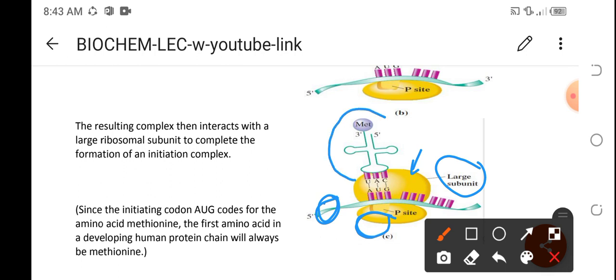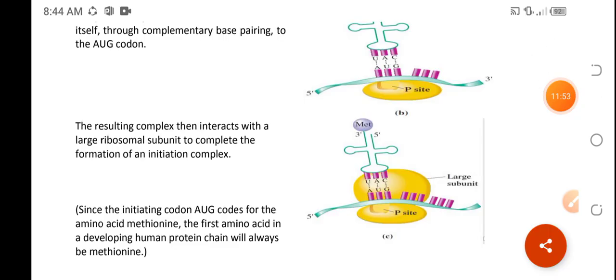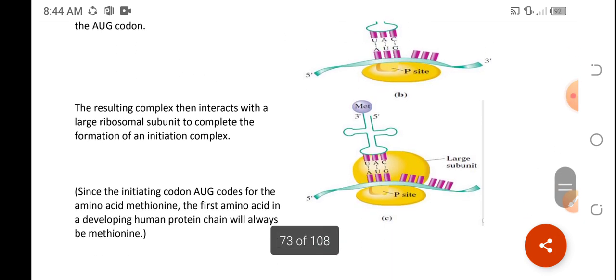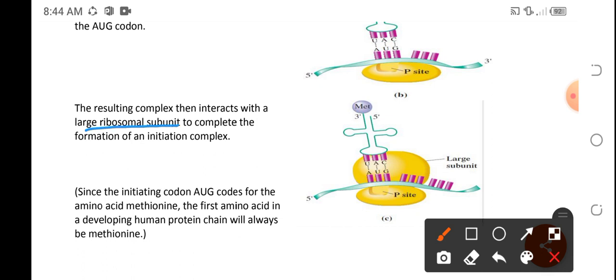Since the tRNA is now here, the large subunit should also be there to facilitate the transfer of the amino acid. So the resulting complex, with this tRNA present, needs to interact with the large ribosomal subunit to complete the formation of the initiation complex.